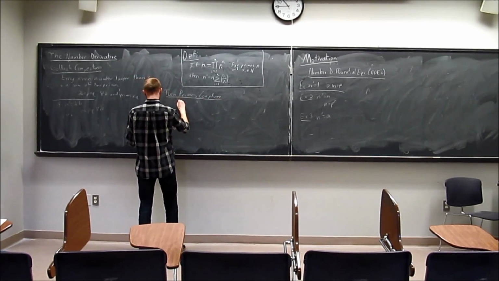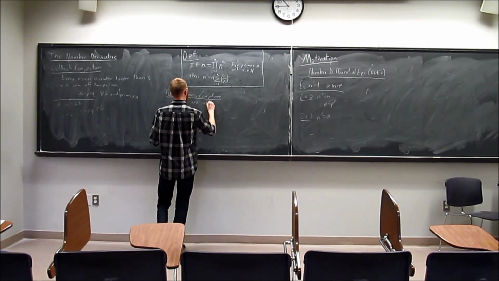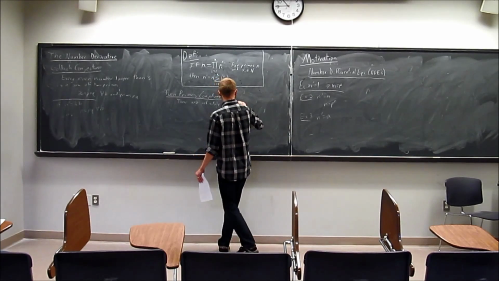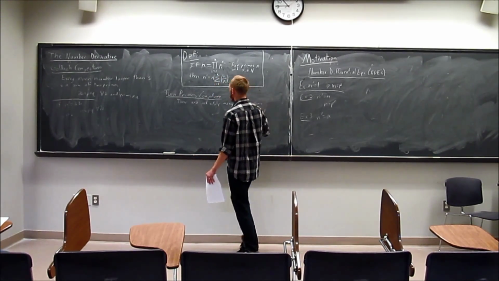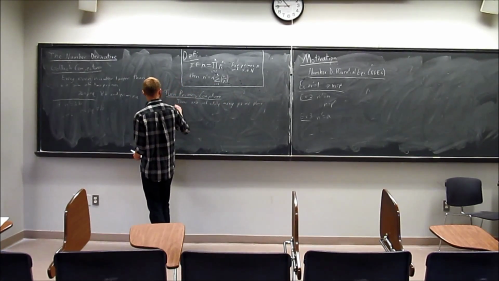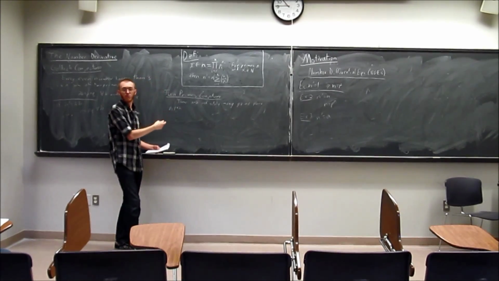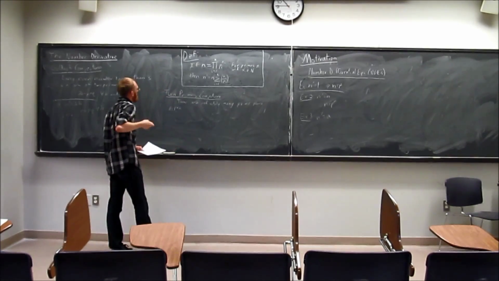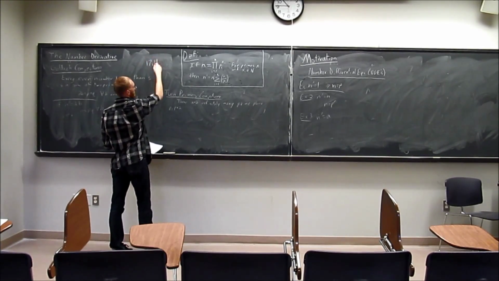This says that there are infinitely many prime pairs p and p plus 2, where p and p plus 2 are both primes. The conjecture is that there are infinitely many of these. So, examples: 17, 19, and so on.